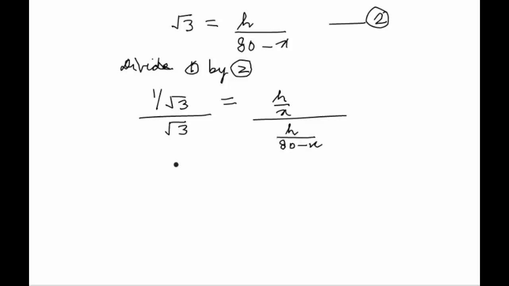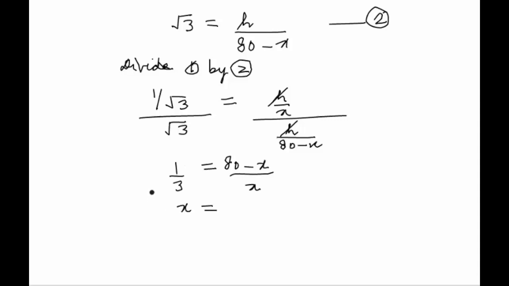We see that this gives us 1 by 3, and h cancels out and gives us 80 minus x upon x. Now this is an equation only in terms of x, so we can easily find out the value of x.